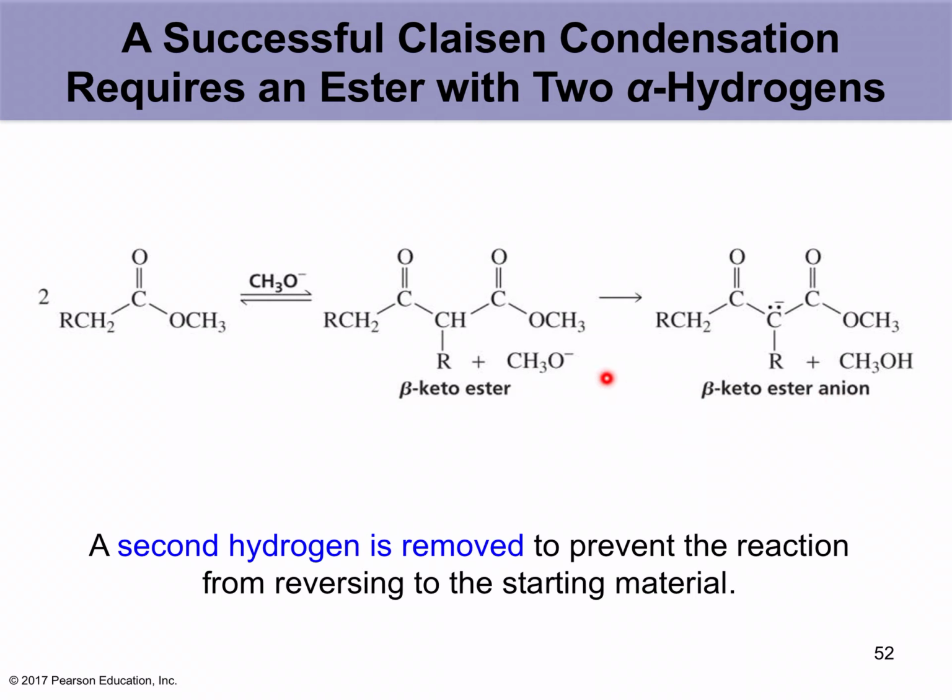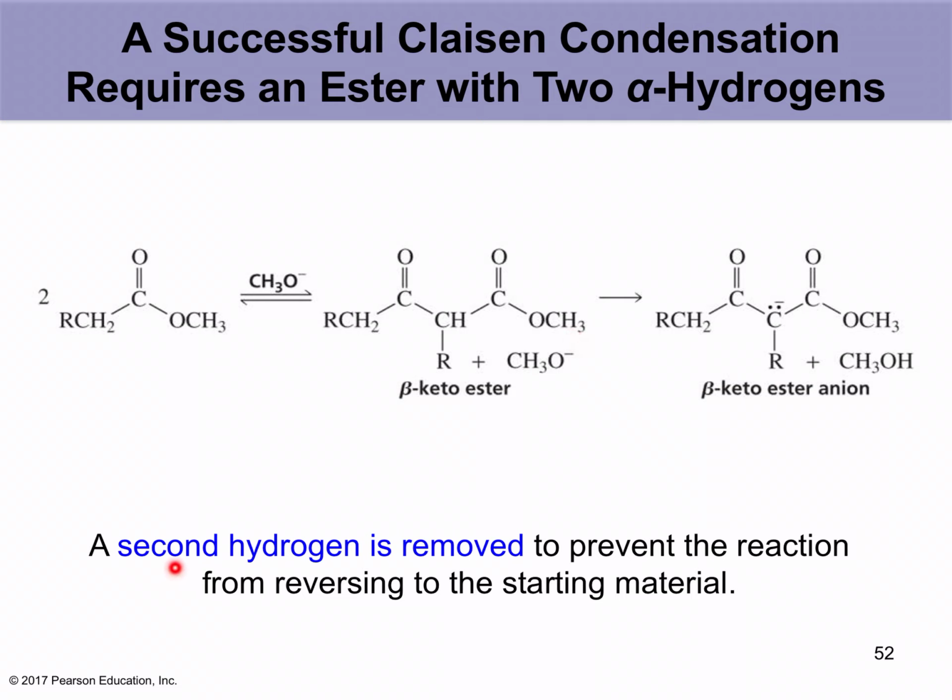Now, this one that we just formed is going to be resonance stabilized with the two carbonyl groups, giving added stability, and that propels the reaction forward to making this anion, because the anion is going to be resonance stabilized. What if you don't have another alpha hydrogen over here? Then it will not have that added stability.